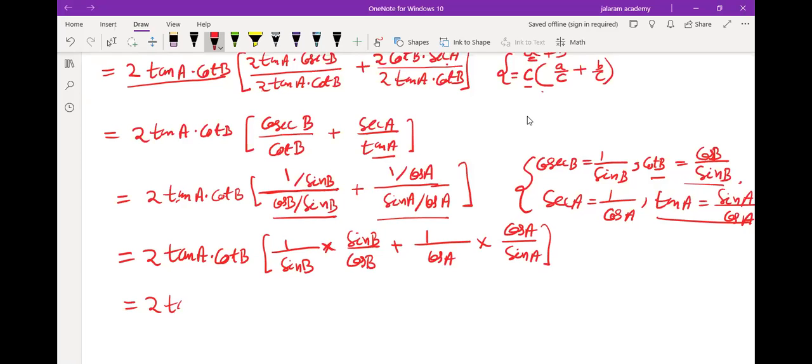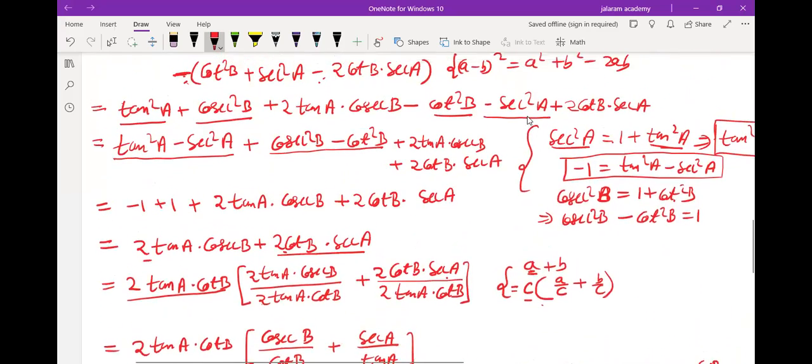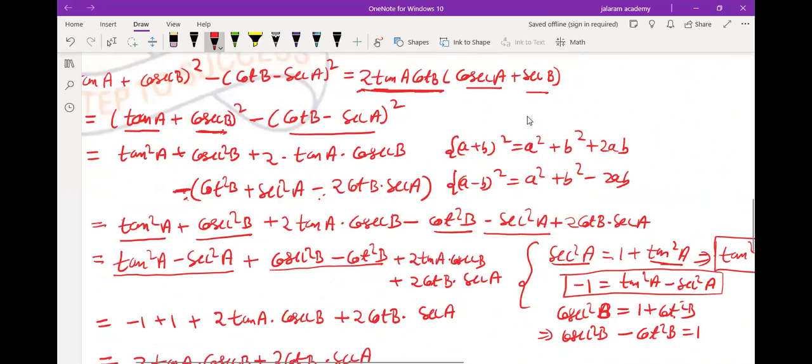And in the next line, 2 tan A cot B into sine B will again be cancelled out. So without cancelling them, we have to write 1 by cos B, plus again cos A will be cancelled out in the next term. So 1 by sine A. And what we have to bring in right hand side, we have to read it again.